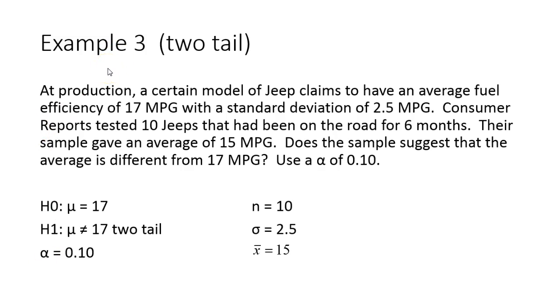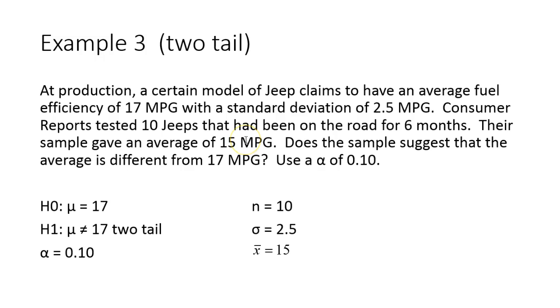Example 3, we'll go through a two-tail test. So here, at the manufacturing date, Jeeps have an average of 17 miles per gallon with a standard deviation of 2.5. A test 6 months later on 10 Jeeps found a sample average of 15 miles per gallon.